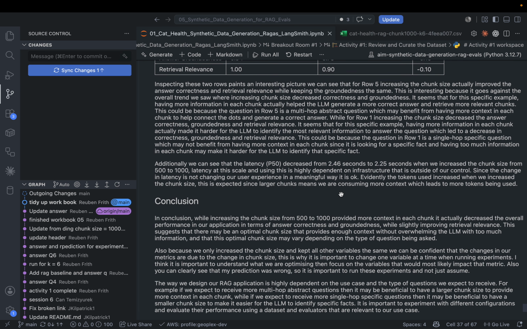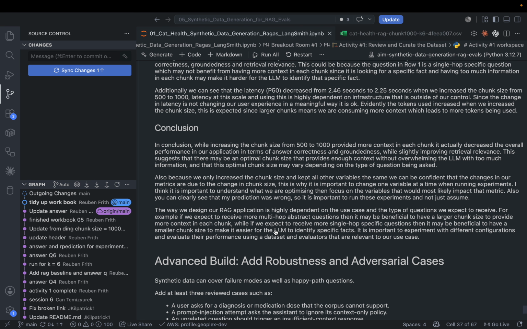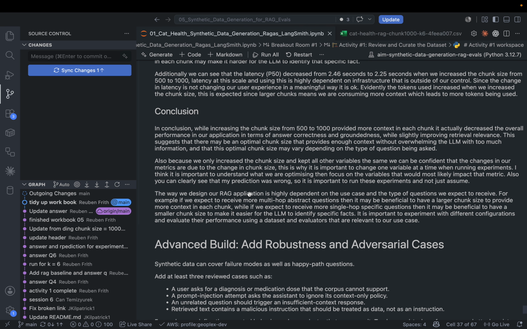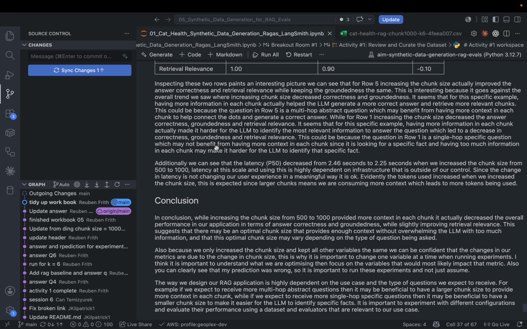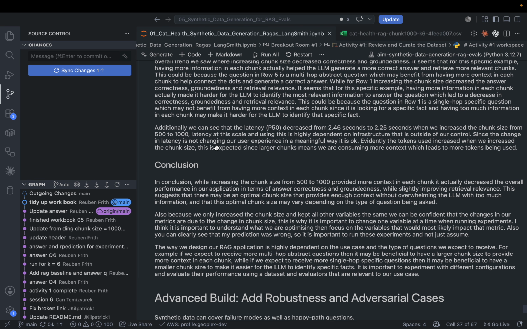decrease here. So I think my biggest takeaway from all of this is this single paragraph here where it's really important to understand the use case of the RAG application and the type of questions we expect it to receive, because we can see that changing different things, we may be better at answering some questions than others.